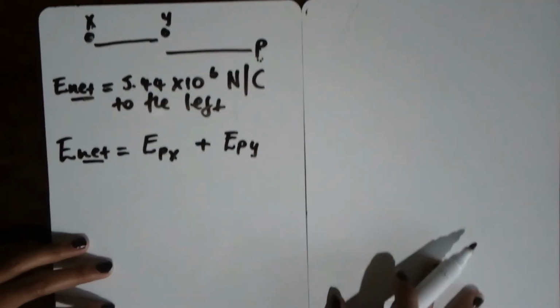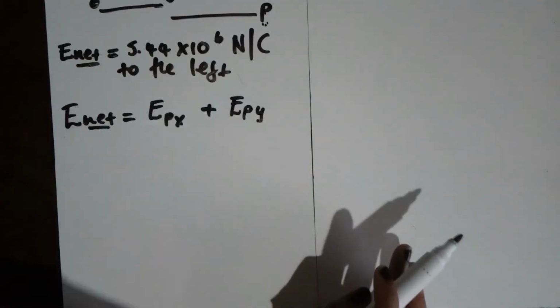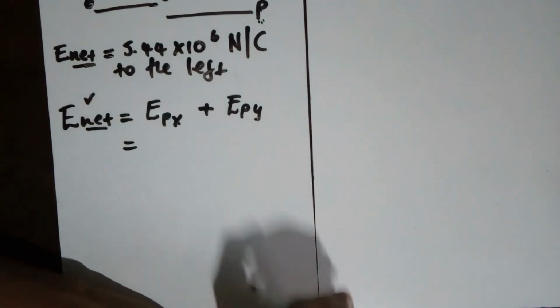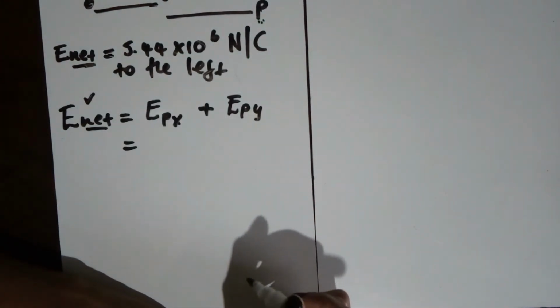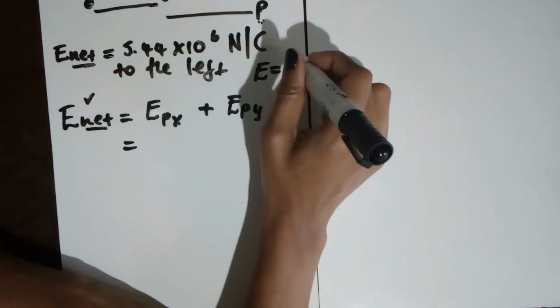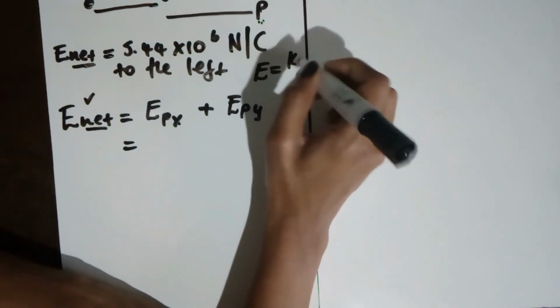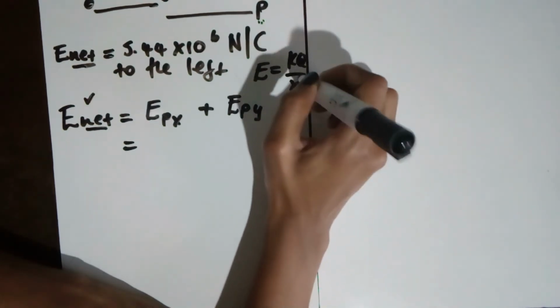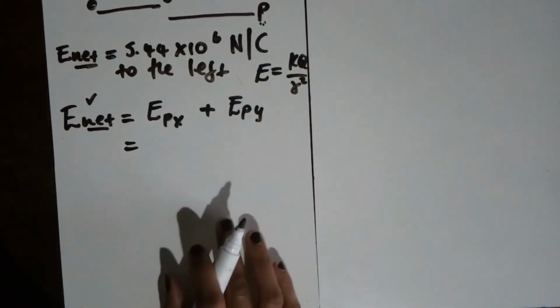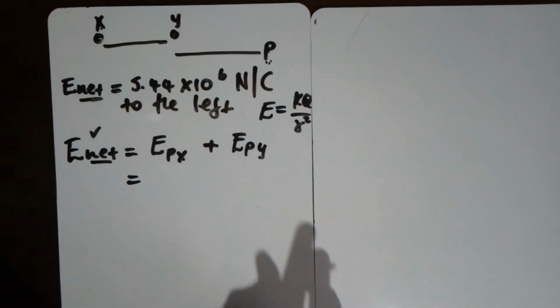And we should know that from our formula. Our formula, which is given to you at the back of your question paper, tells you that electric field strength is given by E equals kQ over r squared. It's a formula that you should be familiar with, so we will write it down.